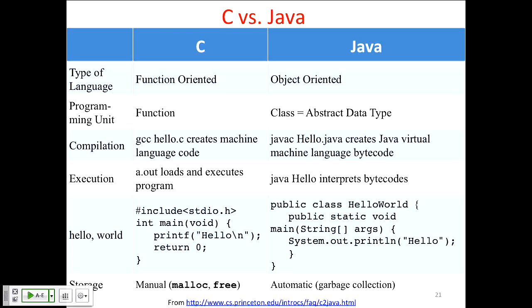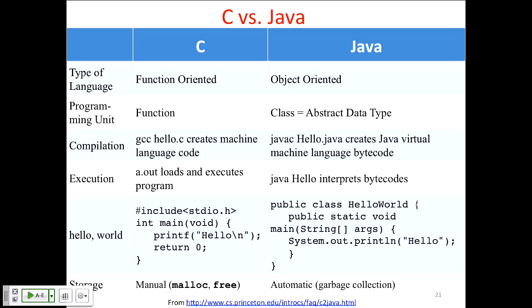And it's just printf, which is print formatted. Hello, \n means put a new line at the end. So this quoted string will be produced as hello. And then you say return 0 to say the program will exit with a 0 condition, which means it executed correctly. And here's the equivalent in Java that most of you will have seen already.